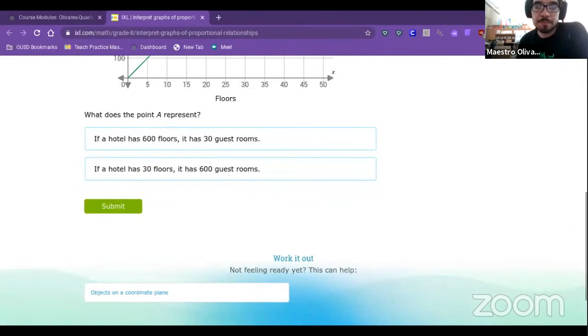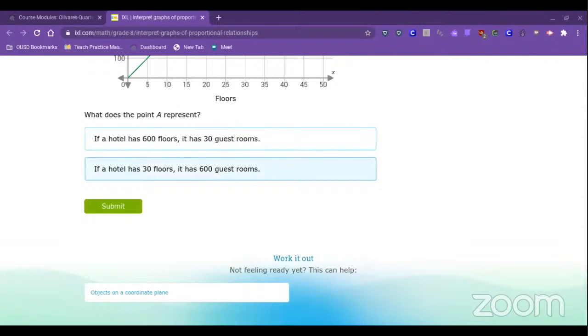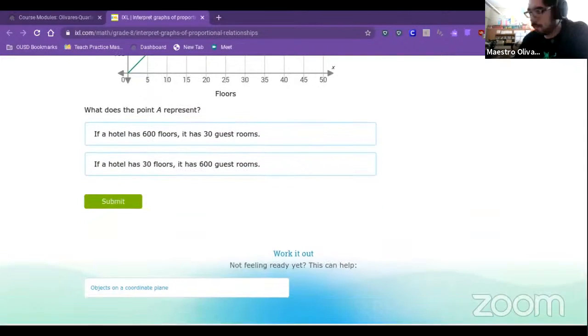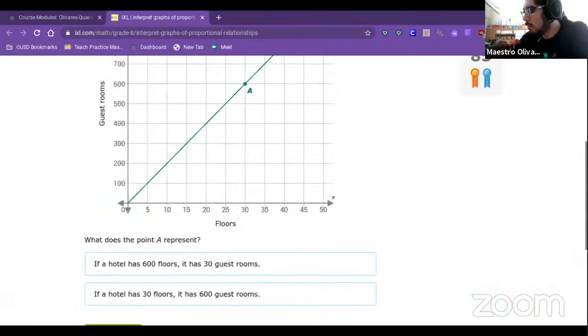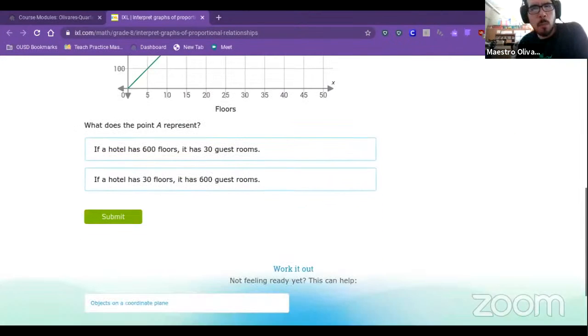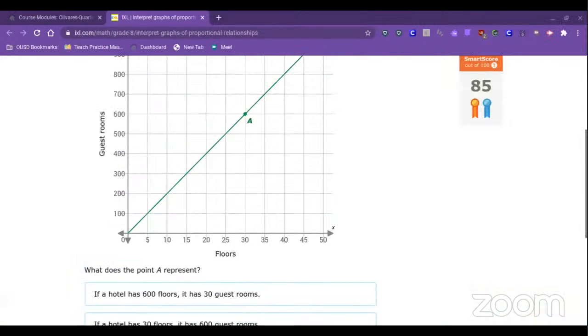Okay. ¿Cuál de los dos es? It's this one, because I don't know if it is this one or this one. Okay, ¿cuántos cuartos hay? Digo, pisos. ¿Cuántos pisos? 600. ¿Cuántos pisos?